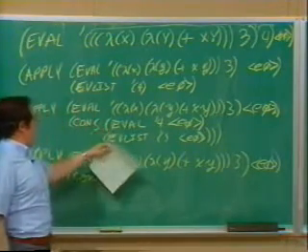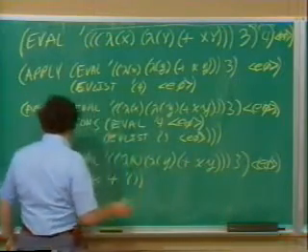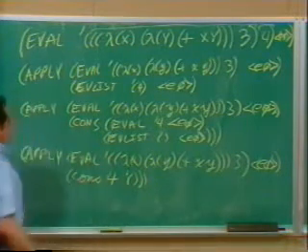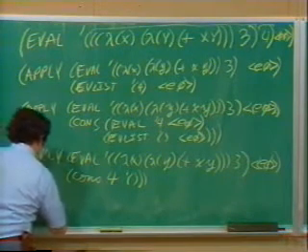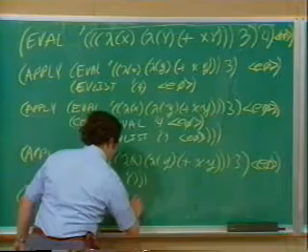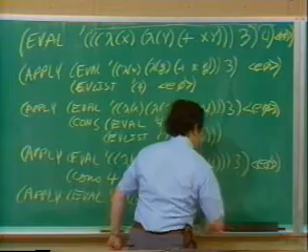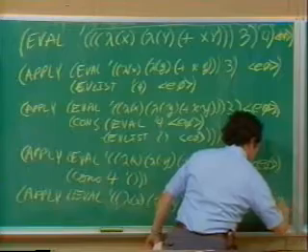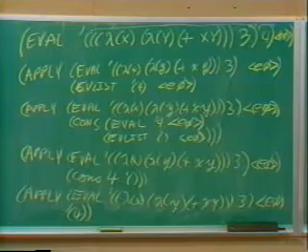And evlist of the empty list is the empty list. So that's this. And that's very simple to understand because that means it's just for the list containing 4 itself. So this is nothing more than apply of eval of, quote, open lambda of x, lambda of y, plus x, y, 3, applied to, well, E0 applied to the list 4. Bang. So that's that step.